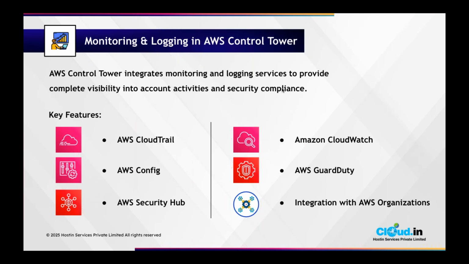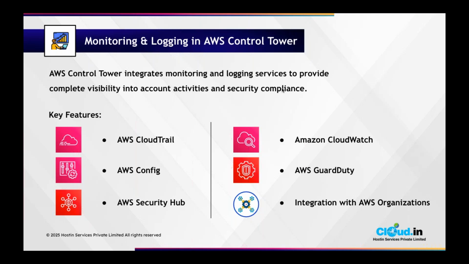Instead of checking each service separately, Security Hub gives you a holistic view of your security posture, like a security operations center in a box. There are also some real world use cases, like large enterprises use Security Hub to track compliance against frameworks like DSS, PCI, and NIST.